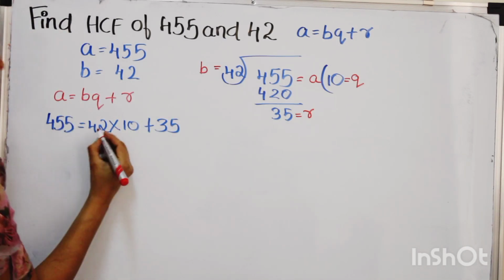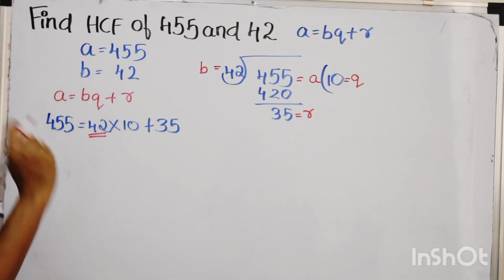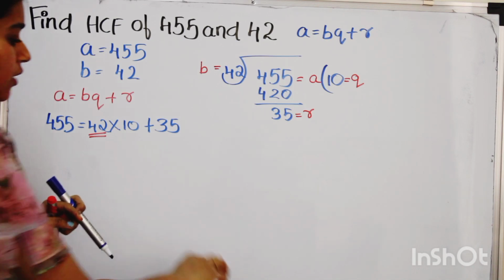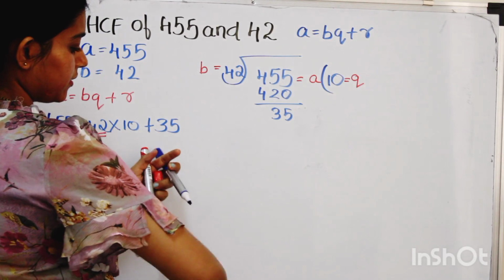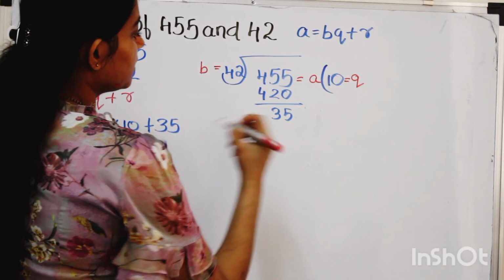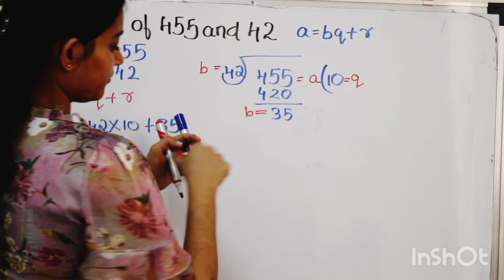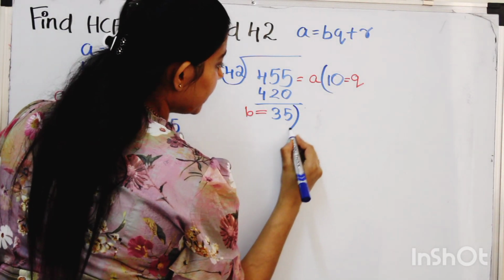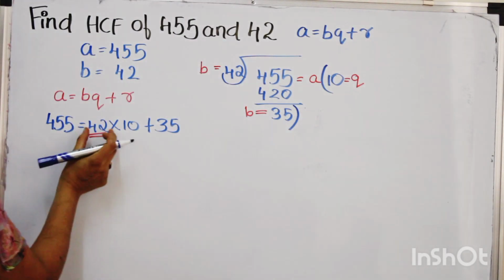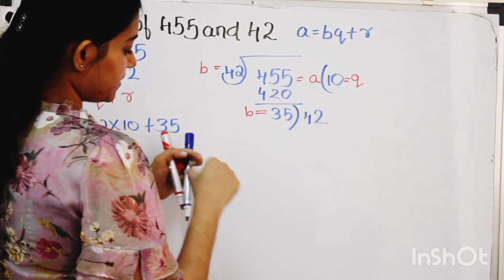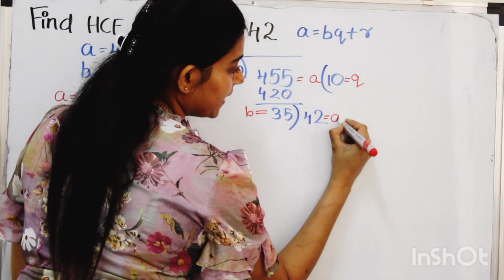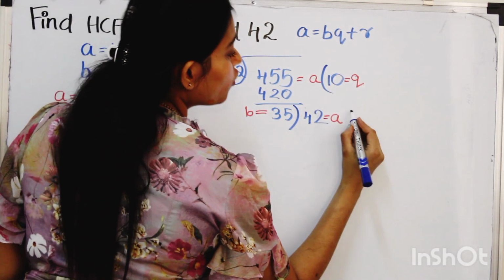So what we got here: the b value 42 we now take as a, and 35 becomes b. Take that b as a and now find the quotient.